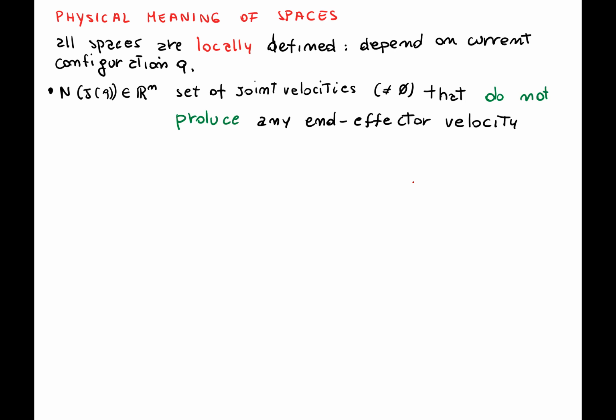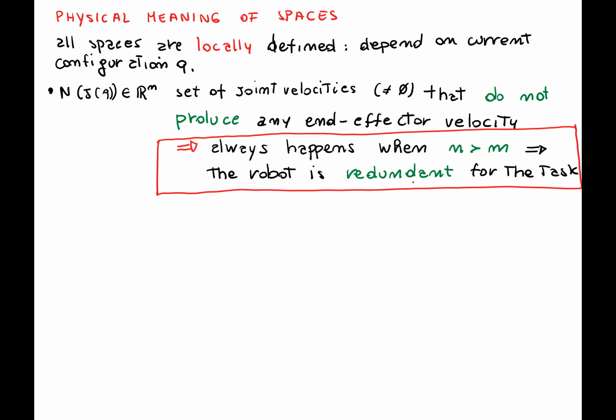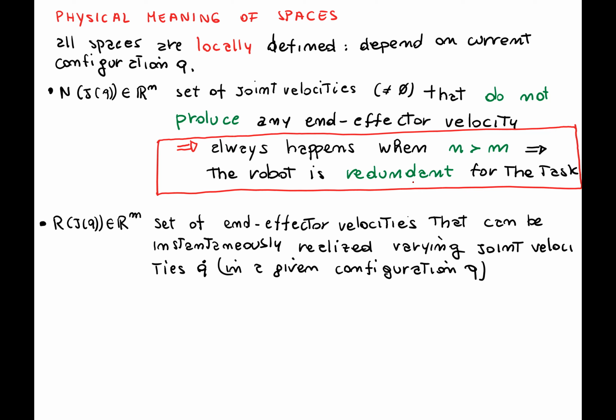And again, we summarize that the null space is a set of joint velocities that do not produce any end effector velocity. And this null space always exists when we have a redundant robot for the task, a robot that is redundant for the specific task represented by the Jacobian.